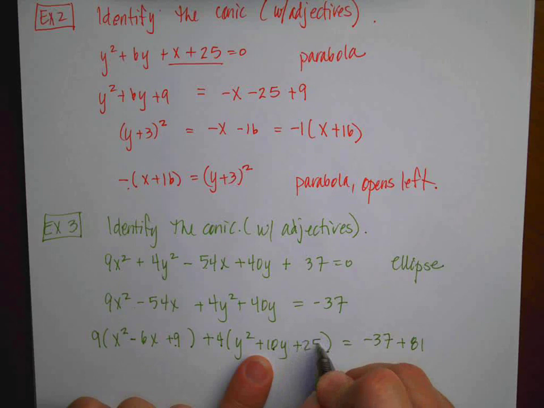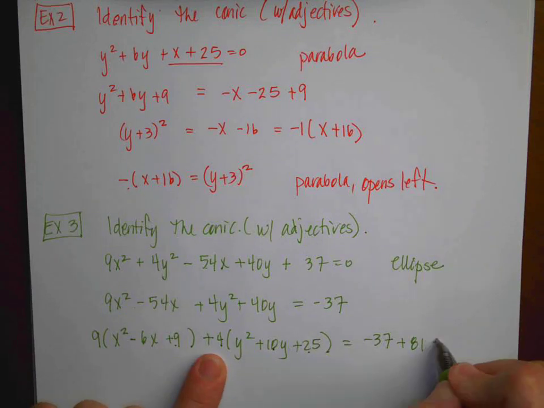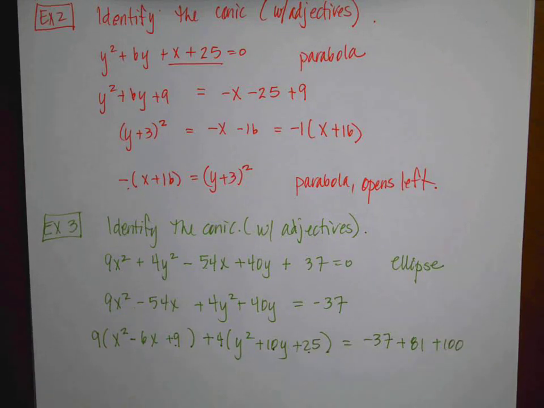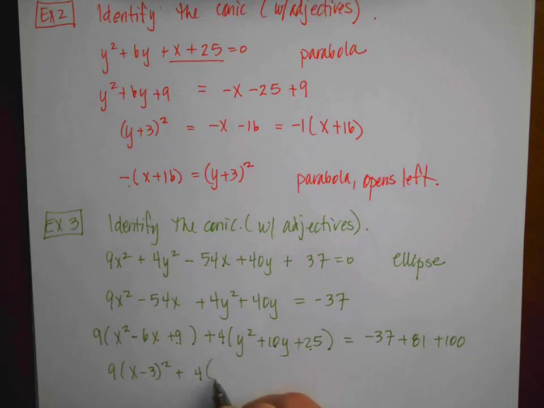Half of 10 is 5, squared is 25. 25 times 4 is plus 100. So now when I factor, I'm going to have 9 times x minus 3 quantity squared, plus 4 times y plus 5 quantity squared is equal to 144.